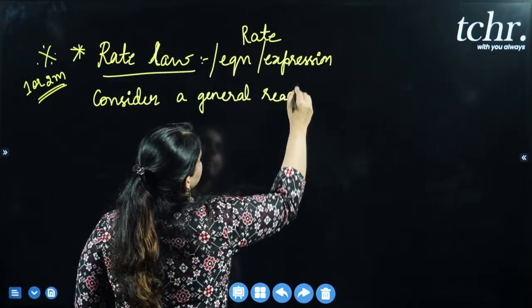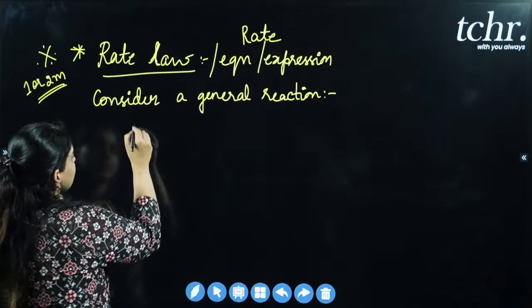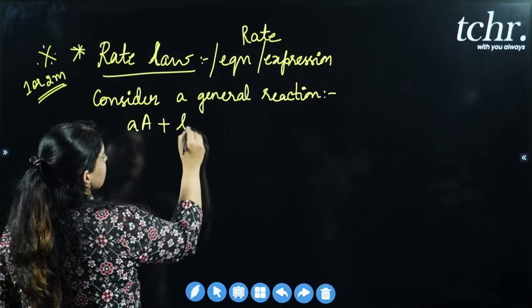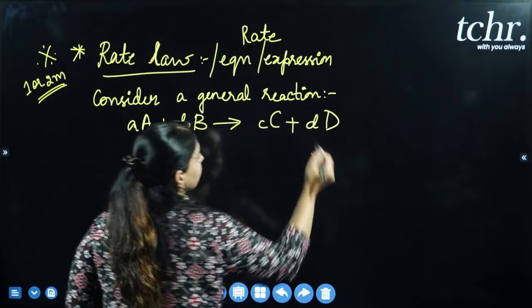Consider a general reaction: aA plus bB getting converted into cC plus dD. What does that mean?